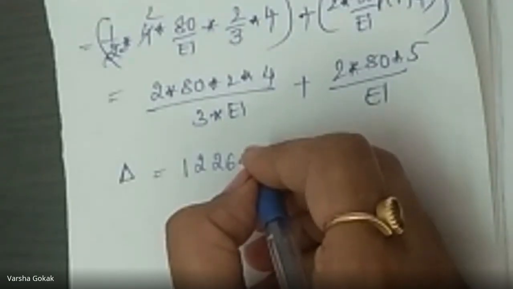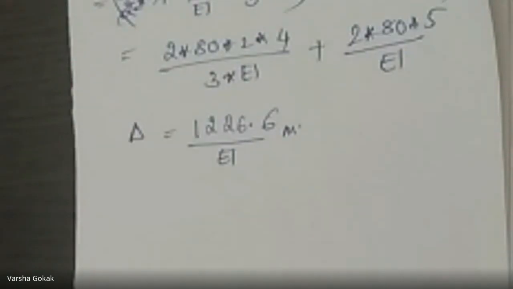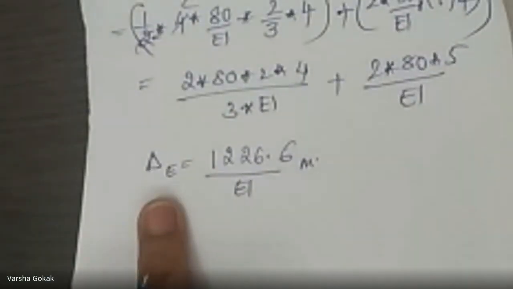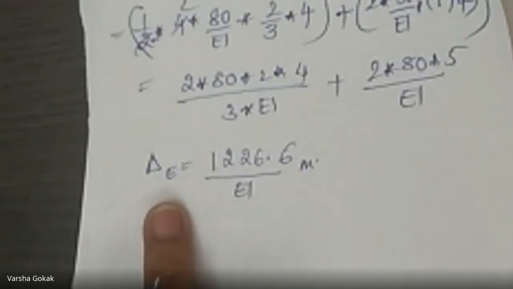How much? 1226.6 by EI meters. Okay, so this is delta at E, that is midpoint. Agree? Delta at the midpoint.